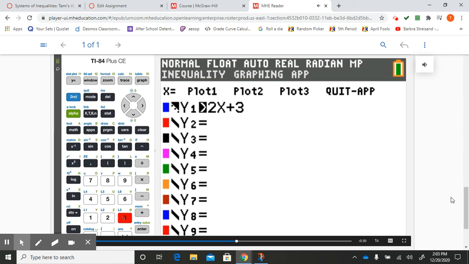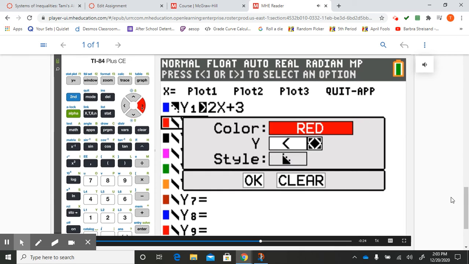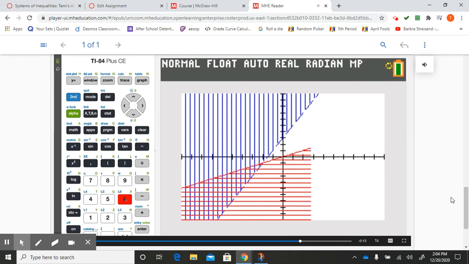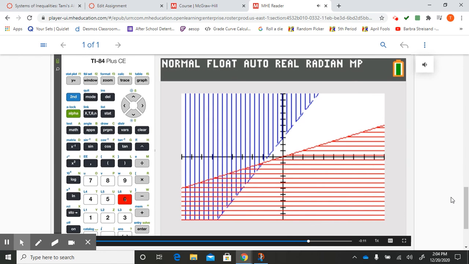Second inequality. Highlight Y2 and press Enter. Use the left and right arrows to select the inequality symbol. Enter the second inequality and graph in the standard view window. The line of each inequality will be dashed or solid depending on the inequality symbol used. The area where the two shaded regions overlap is the solution to the system of inequalities.